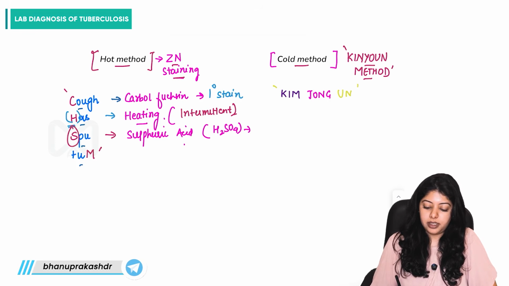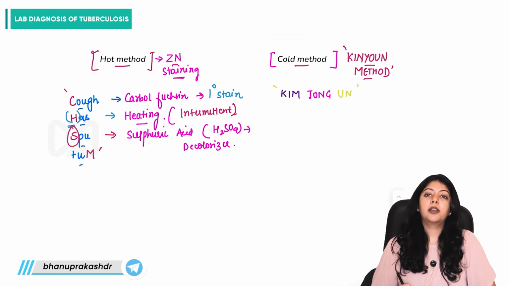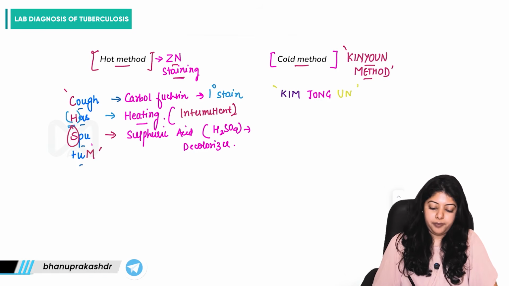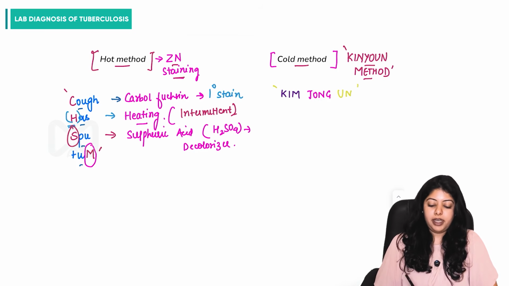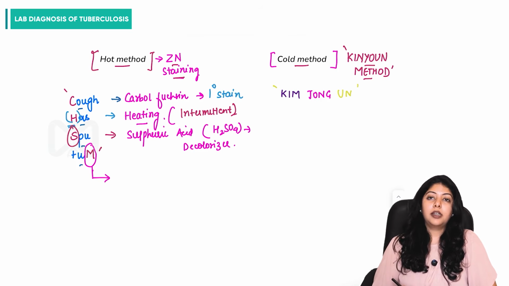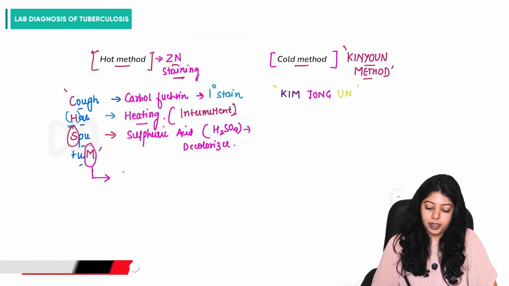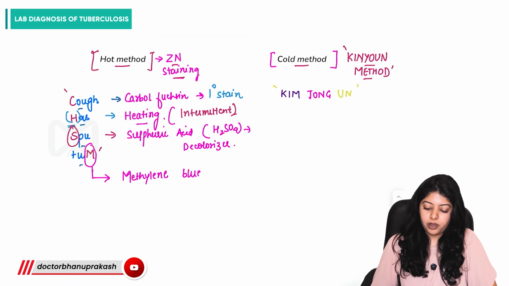This is the decolorizer. And finally with M, we have the counterstain, or methylene blue, which is the counterstain.